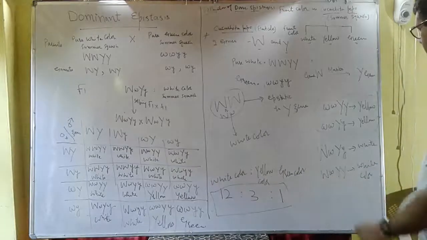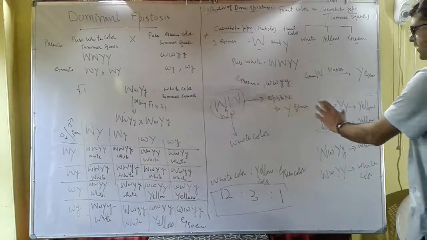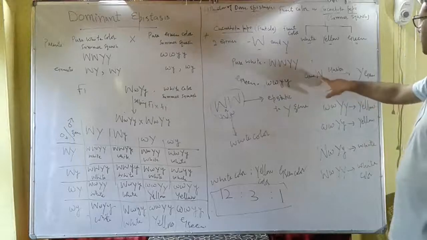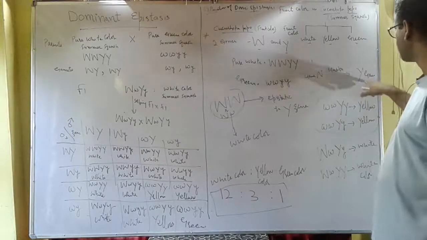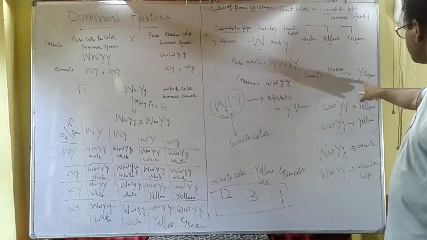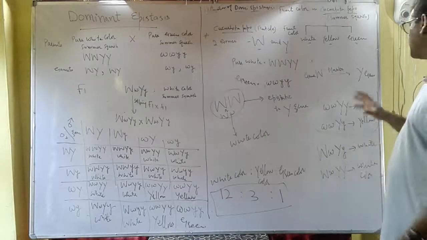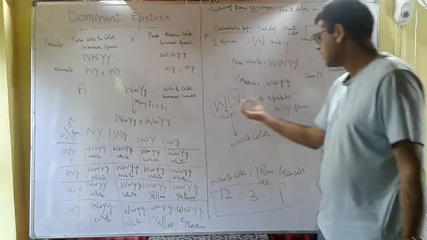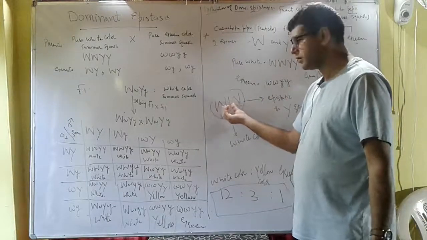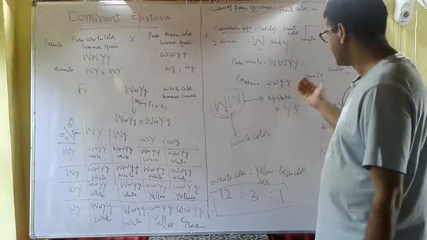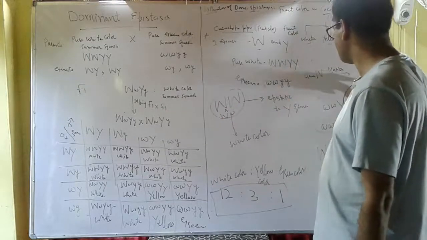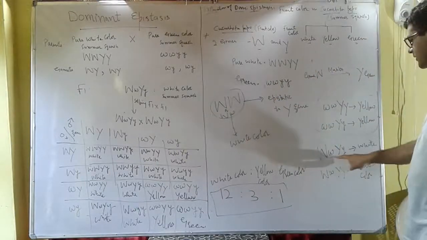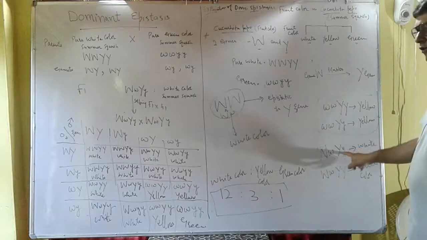It means that this W gene, the dominant gene W, masks the expression of the other dominant gene Y. So we can say that this is the case of dominant epistasis, because the capital W is the dominant gene, and it has suppressed the expression of Y gene. In the presence of this dominant gene W, this Y gene is not able to express.